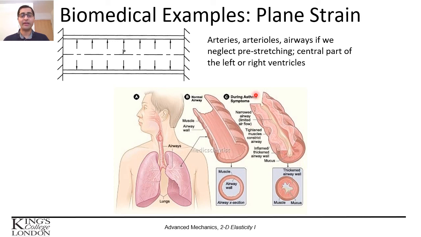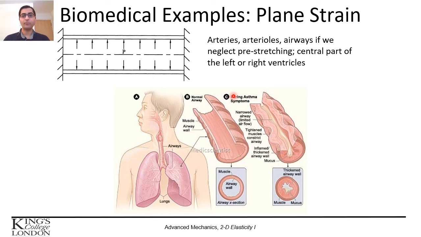We have air pressure inside, and the air pressure is forcing the duct wall radially, so the force or the pressure is perpendicular to the axis of the duct, and since the duct is long enough, we can assume that there is no axial strain, and we can calculate the stress and strain distribution in these organs based on a plane strain case.